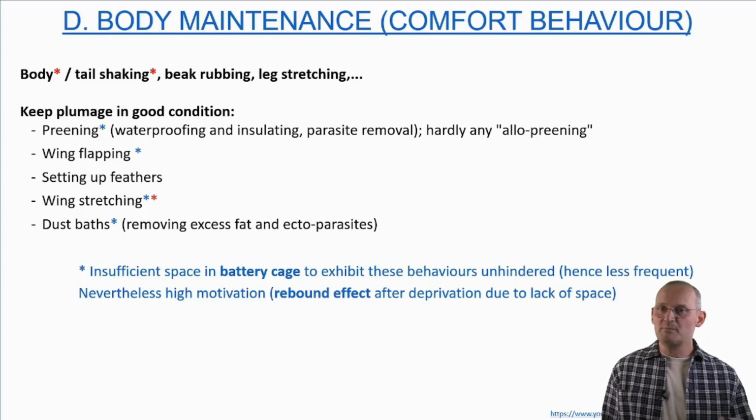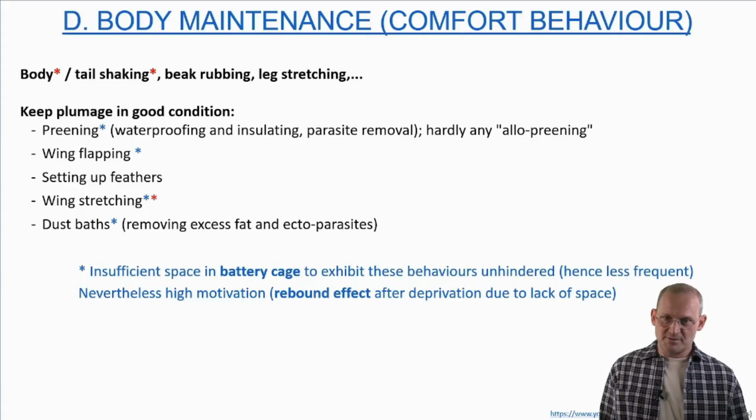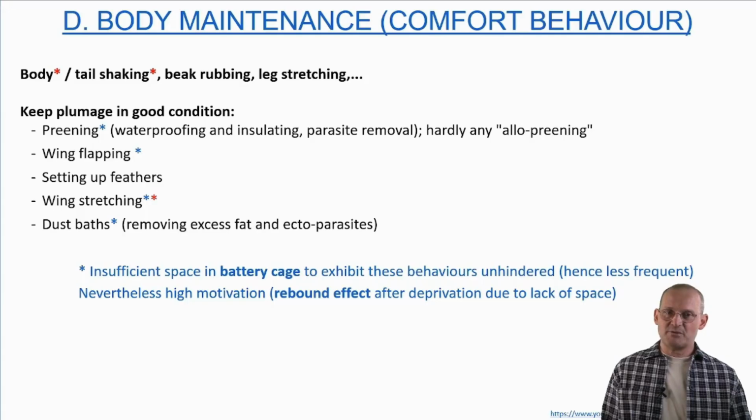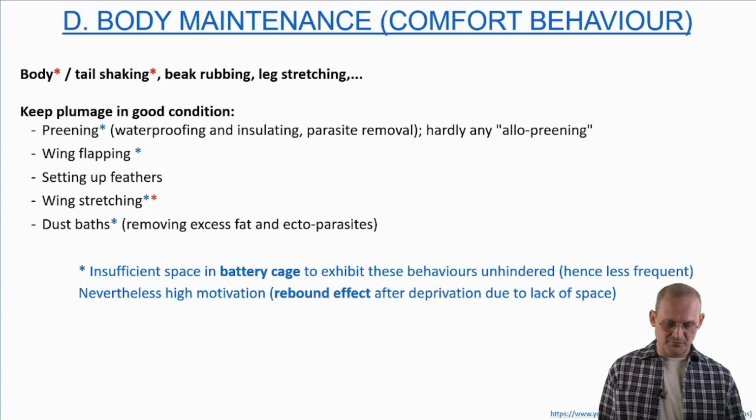The birds are highly motivated to perform these behaviors, but they can't. We know this because of the rebound effect. If we deprive them, if we don't allow them to perform this behavior for a certain duration, they will perform more of that behavior afterwards. That is the rebound effect, and it is an indication that such a behavior is important to the animal.